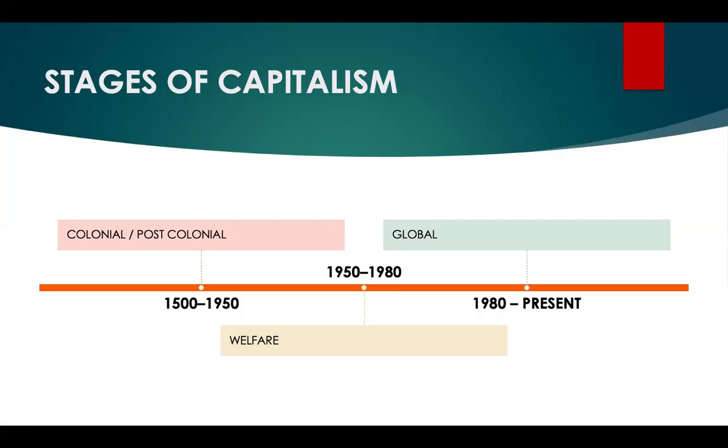So the next one is monopoly, imperialist capitalism in the late 19th and 20th centuries. The key features of monopoly and imperialist capitalism were the rise of corporate monopolies and trusts like Standard Oil or Carnegie Steel, and further colonization for raw materials and markets.